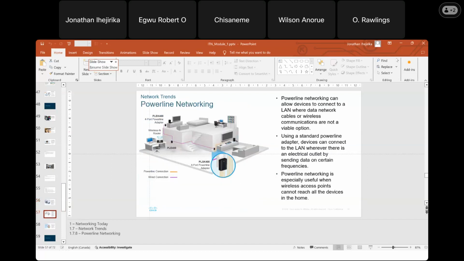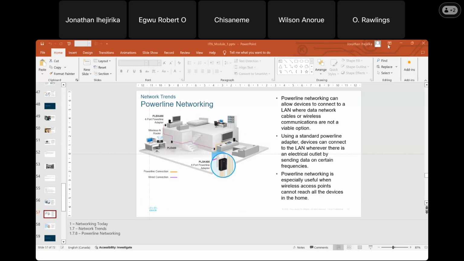Now, networking. Powerline networking. Powerline networking can allow devices to connect to a LAN via data network cables where wireless communication is not a viable option. When we talk about LAN, we're talking about the local area network.